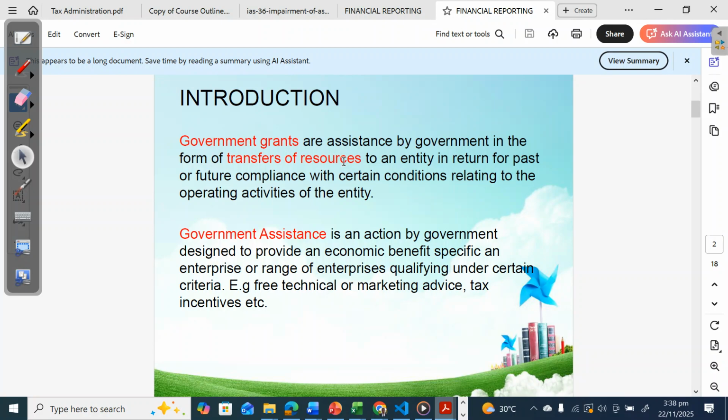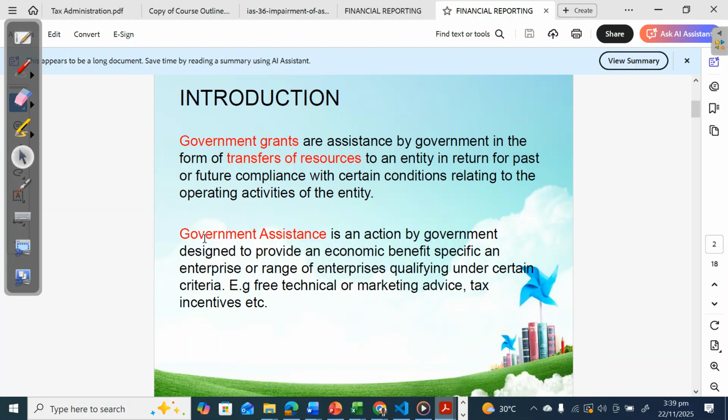Any support that will help the company or the business to meet their objectives. So they are assistance by the government in the form of transfer of resources. Okay, and usually there are conditions attached. You have to meet certain conditions before you are given that grant.